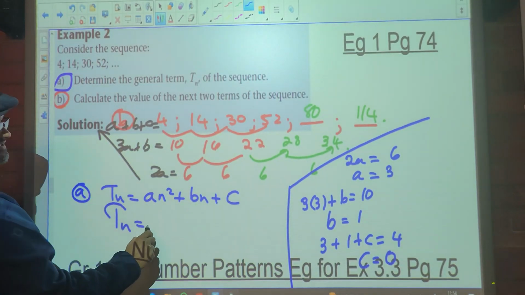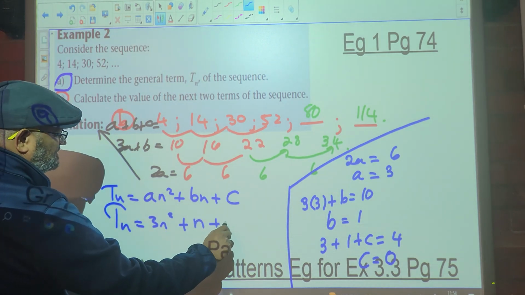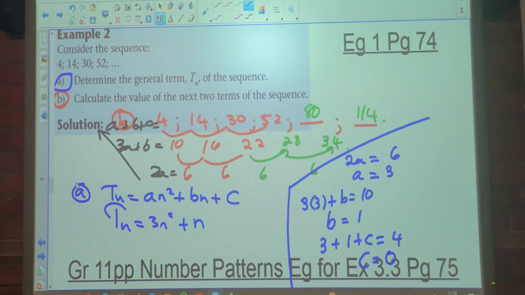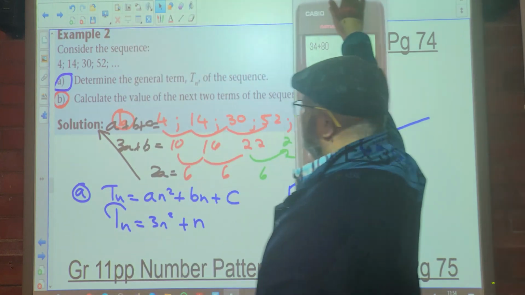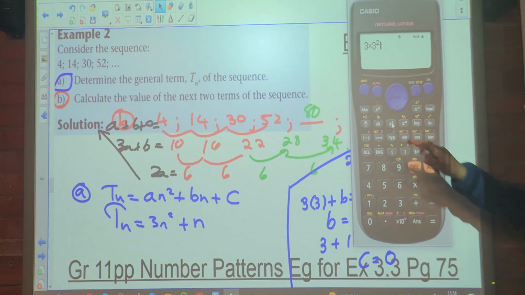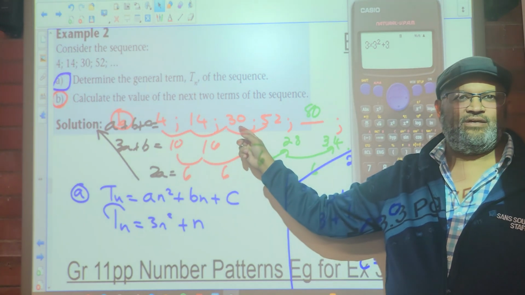So my general term is now sorted. Tn is equal to 3n squared plus n plus 0. Do I have to put plus 0? No, there's nothing wrong with leaving it out. So n plus 0 is n. So this is my general term. Because it's 4 marks, what do we do? Test it. And which term are we going to test it on? Yeah, she's still saying the third one is lucky. 3 times 3 squared plus 3 should give me an answer of 30.